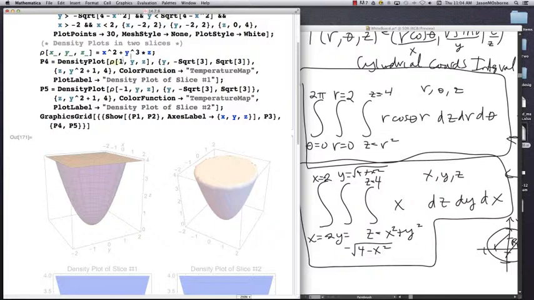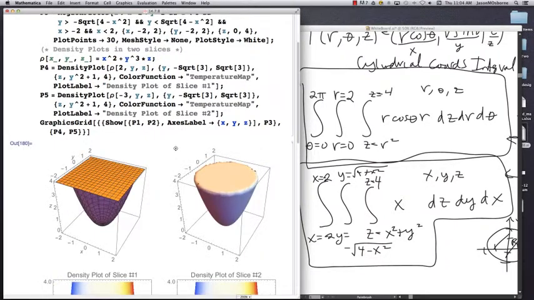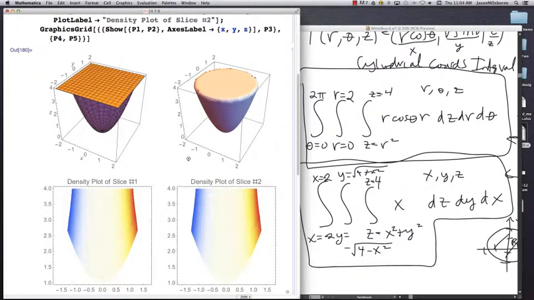And maybe you could take different slices of this. You could take the x equal 2 slice and the x equal negative 3 slice, and you could rerun this program. This could be a very challenging integral to compute. Mathematica should chomp on it quite nicely, though.